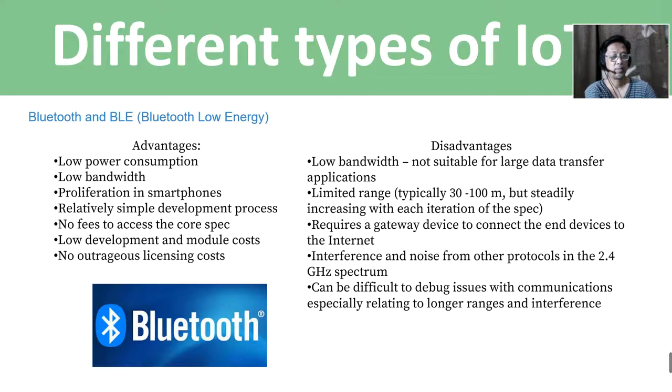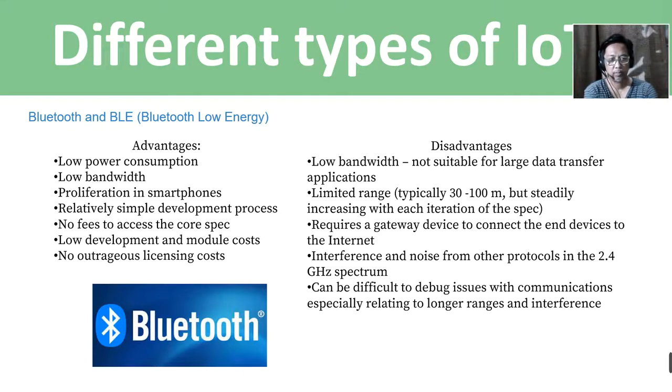We can expect it to increase to probably another 100, but I'm not sure if it could go thousands of kilometers or even meters. It requires a gateway device to connect the end devices to the internet. So it's not standalone. You have to have a gateway device.